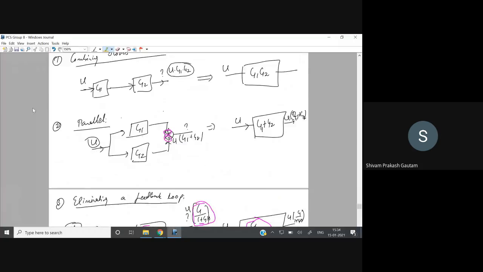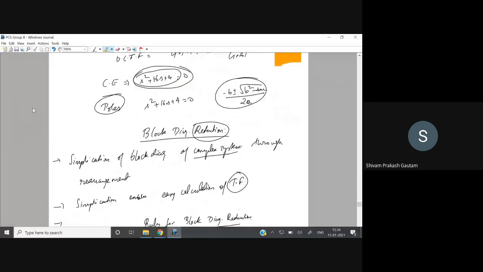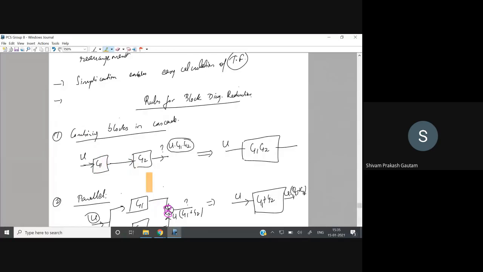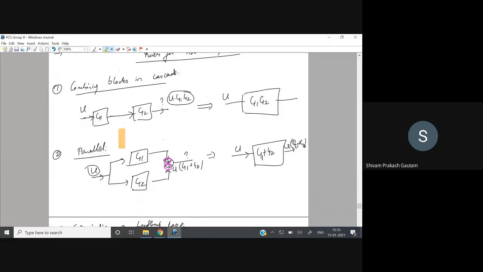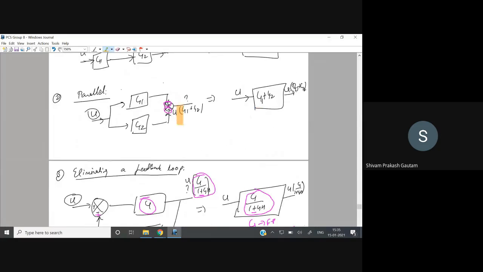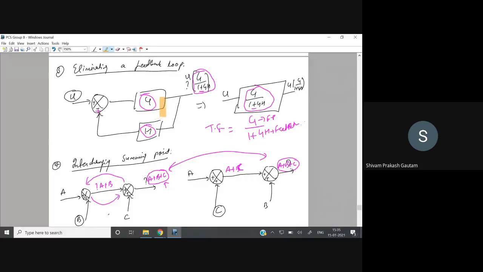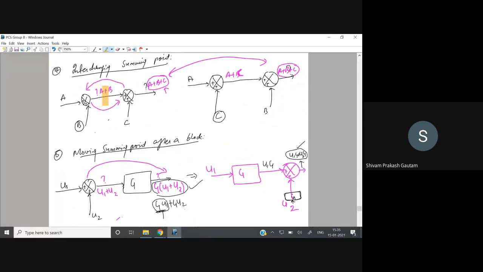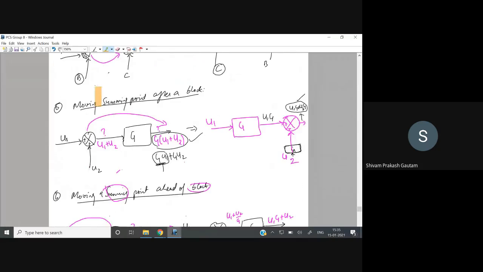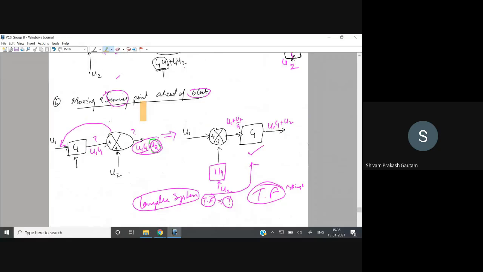First we saw cascade connection, then parallel connection, then how to eliminate a feedback loop, either positive or negative feedback. We can interchange summing points for simplification of a block diagram. We can move the summing point before and after the block. We can move the takeoff point before and after the block. We have seen this case also.